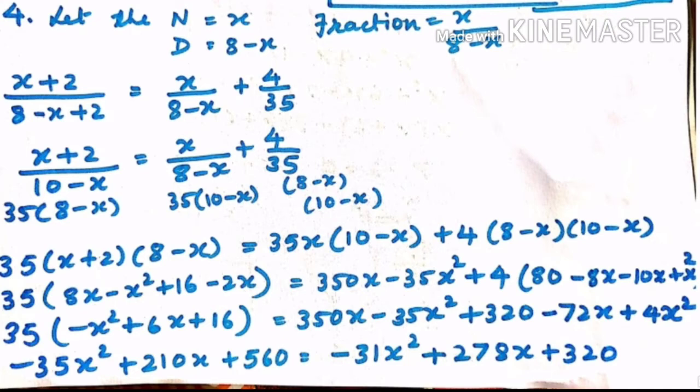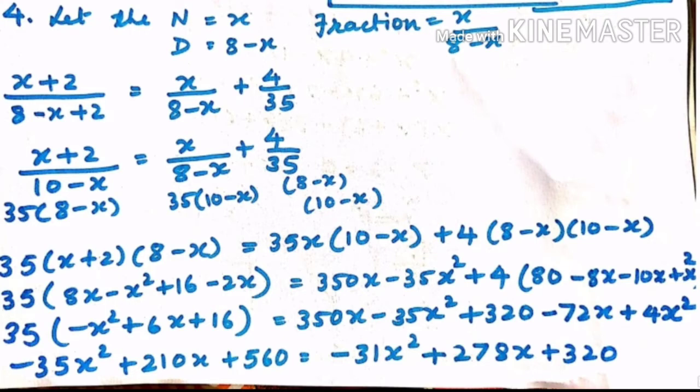Now it is written, if 2 is added to the numerator and denominator. So you can see on the left side of the equation, x plus 2 upon 8 minus x plus 2, means the fraction which we have chosen, we are adding 2 to its numerator and denominator.